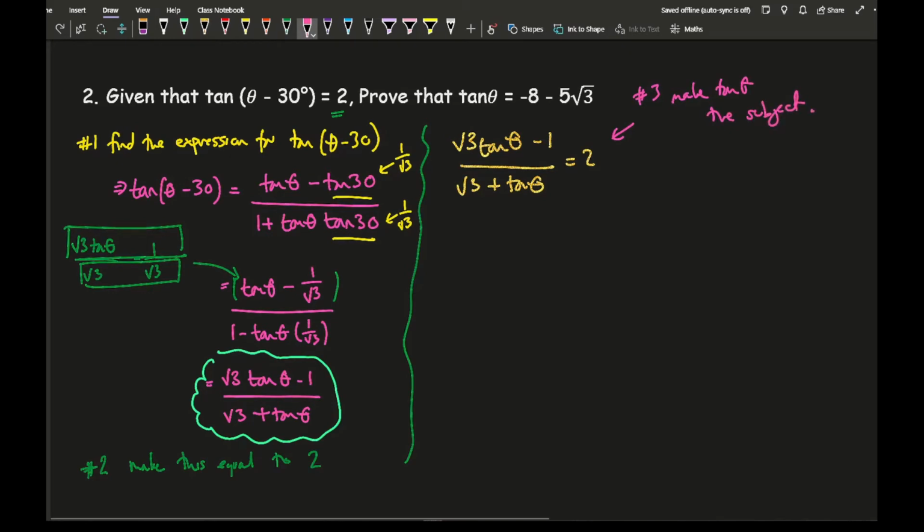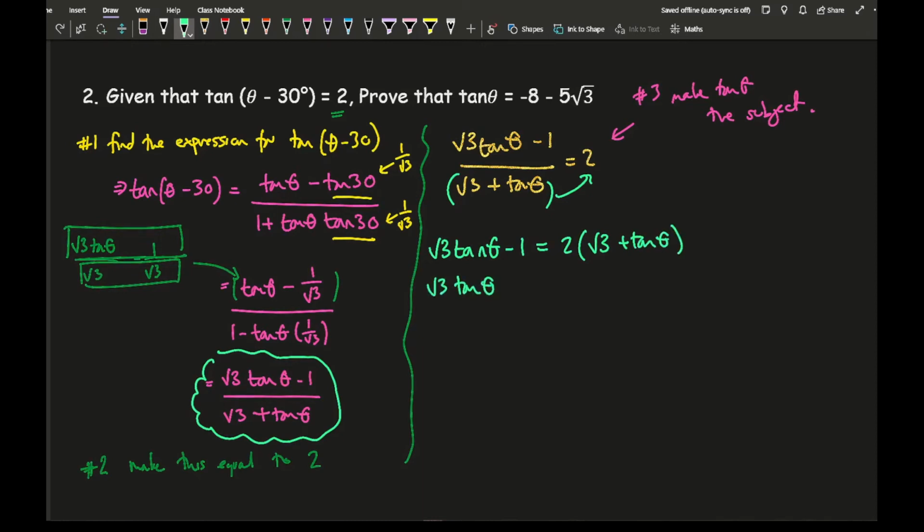The easiest way of doing that is to take this denominator over to the other side. So we end up with root 3 tan theta minus 1 equals 2 bracket root 3 plus tan theta. If I expand that bracket out, I end up with 2 root 3 plus 2 tan theta.